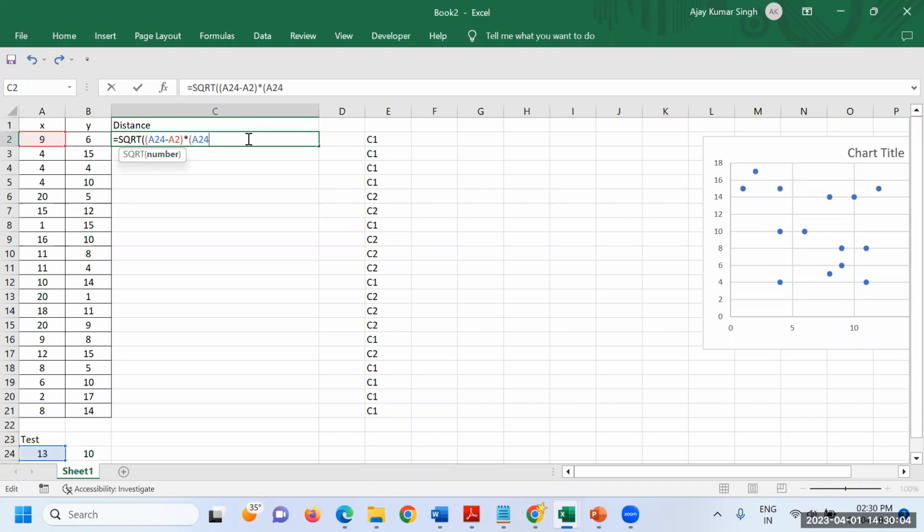Why did we do this? Because of the Euclidean distance. That is root over x2 minus x1 and whole square. Whole square means I'm going to multiply the same one 2 times. Plus y2 minus y1. So this is y, isn't it? So plus y2 minus y1.